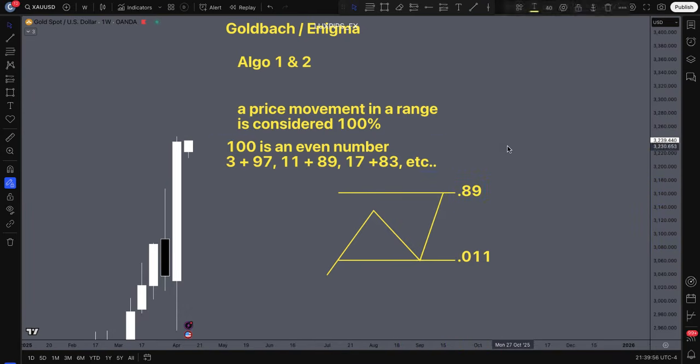It's a nice way to anticipate price movements and where they will go.